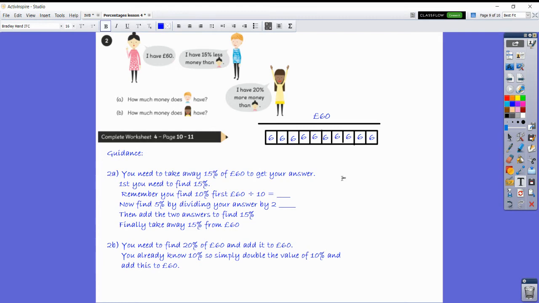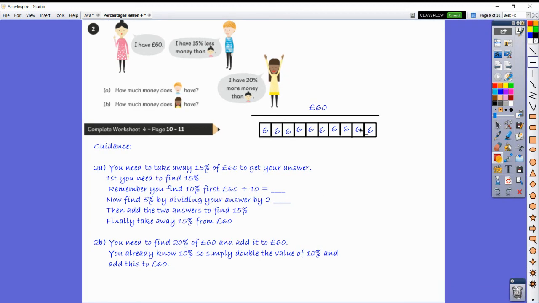Okay? This boy here has 15% less. Okay? So he has 15% less, because he's got a 10% plus half a 10%.